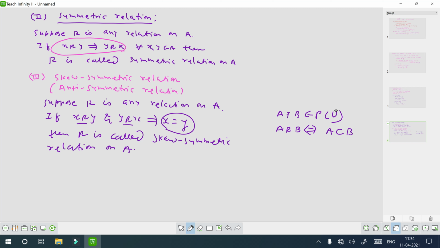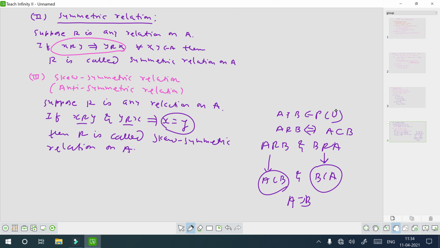Now A R B and B R A implies A is a subset of B and B is a subset of A, so A is equal to B, yes or no? Yes. So this subset relation is a skew symmetric relation.